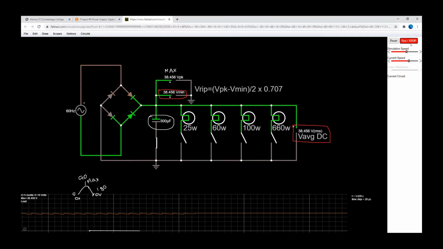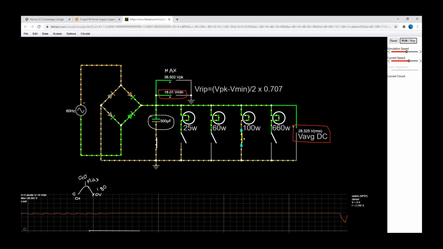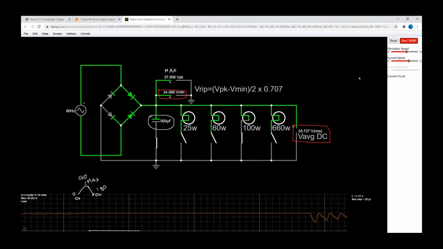Now, if I engage this load, because it's going to give us a more dramatic result, then right on the screen we can see what was happening before. We were having a minimum voltage. If you follow my cursor, you can see that our minimum voltage when I had my 25-watt light bulb, which is still the rest of the signal, was equal to 36.2 volts.